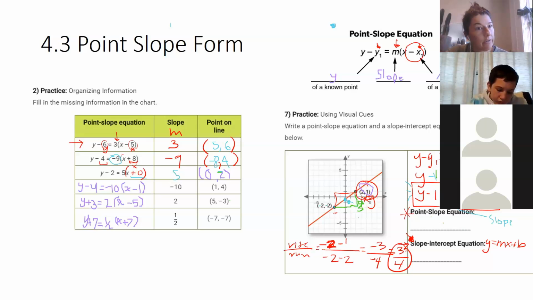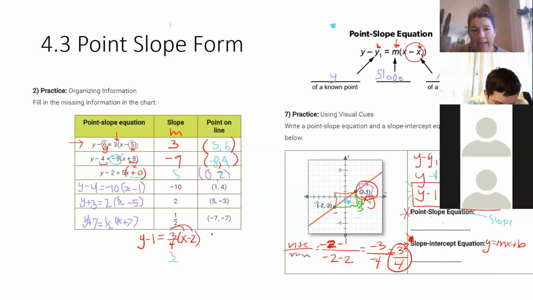Solve for y. So if we solve this equation for y, we have our slope intercept form. So let's solve this equation for y, meaning get y by itself. I'm going to rewrite it over here just so we have more workspace. Okay, so I spy on the right side a number times a set of parentheses, so we need to get that distributed through. Good, so 3/4 times x minus 3/4 times 2.